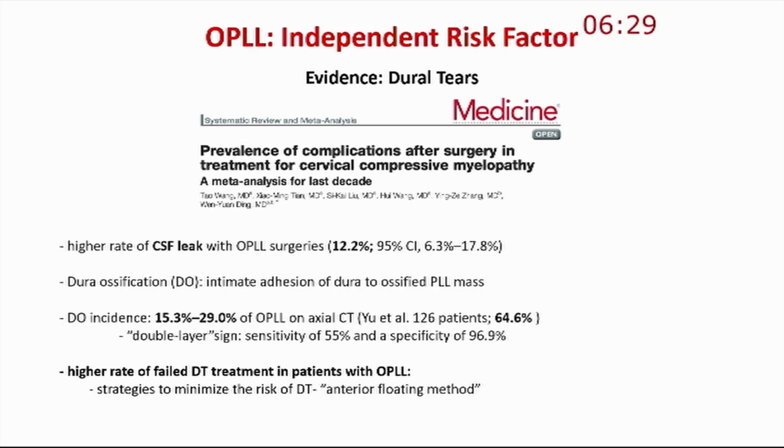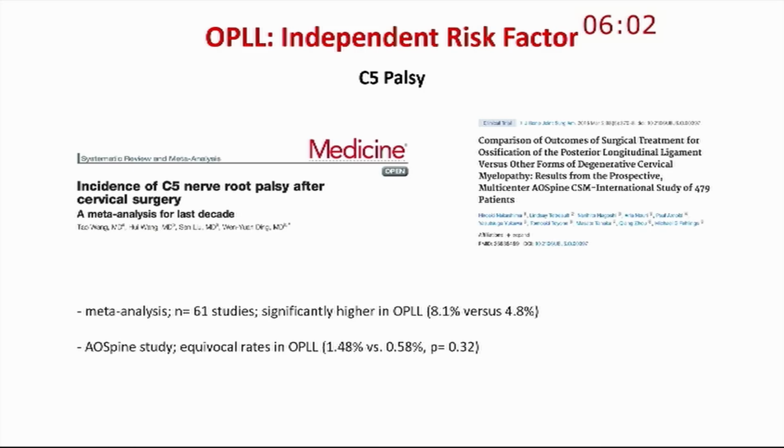The dura ossification, which is a very intimate adhesion of dura to the ossified PLL mass, can happen in almost 30% of patients. And the double layer sign has a good specificity for that. So there is also a high rate of failure of dural tear treatment in patients with OPLL. You have to develop strategies to minimize this, and the anterior floating method can be one strategy.